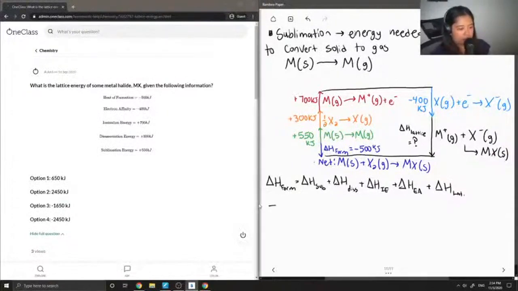So now I can rearrange this equation to solve for lattice energy, which is what the question is looking for.